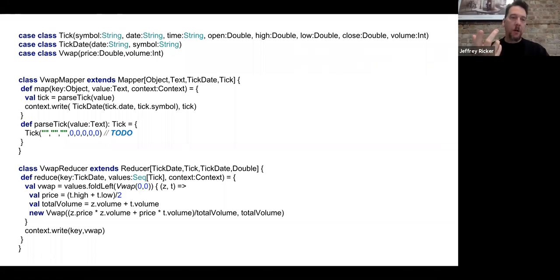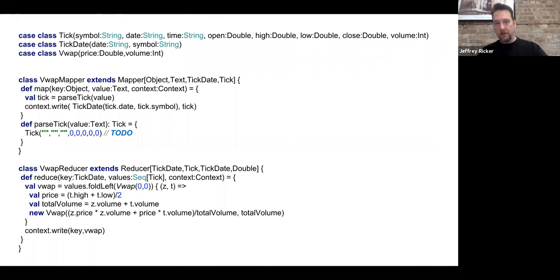But really what I wanted to do, if you look at the map method in my VWAP mapper, it gets the input of a text, and it outputs a tick date and tick, right? So to the context, which is the system, it says, okay, you gave me a key and a value, and I want to write a key and a value.